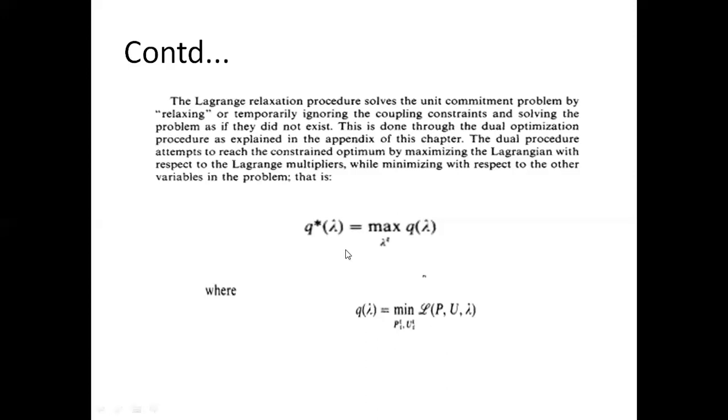That is, q star lambda equals the maximization of q lambda at lambda to the power t, where q lambda equals the minimum over p_it, u_it of the Lagrangian function. So q lambda is the minimum of the Lagrangian function given here, where the Lagrangian relaxation solves the unit commitment problem by temporarily ignoring the coupling constraint.